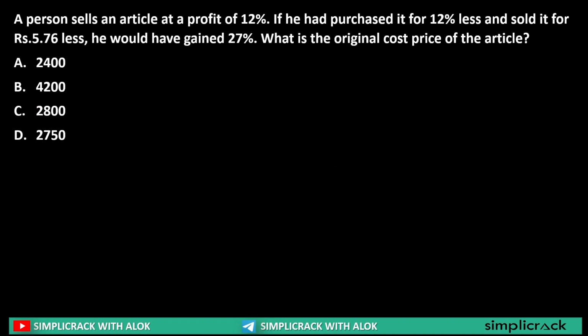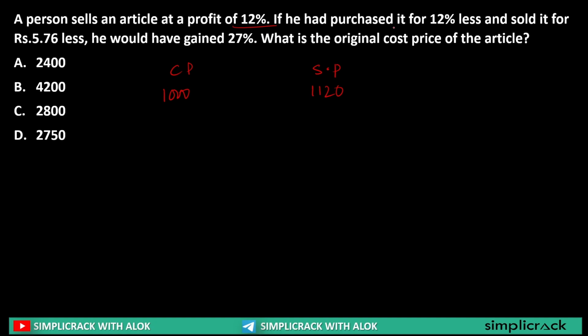Okay. Next, a person sells an article at a profit of 12%. If he had purchased it for 12% less and sold it for 5.76 less, he would have gained around 27%. Okay, that's fine. So for an example, the cost price was 1000 rupees, and the selling price was at 12% profit, so it is 1120.